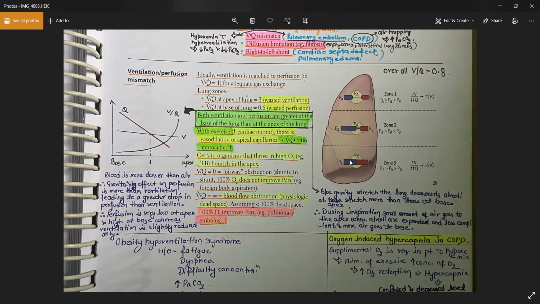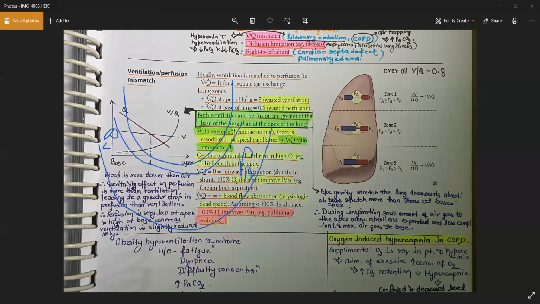Now, because of the distension, let me draw this for you. You have the alveoli here, and you have the blood here. This is the PV, the pressure inside the vein, and this is the PA, the pressure inside the artery.